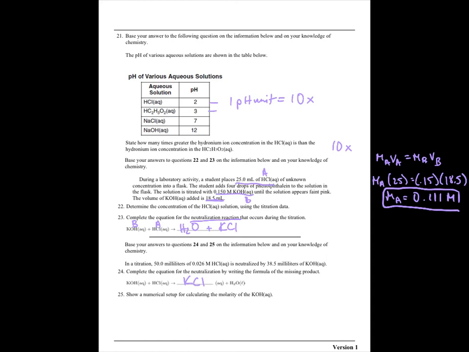Number 25, we need to show a numerical setup for calculating the molarity of KOH. So this is a titration equation type of question, but we don't need to solve it. We got here the acid data, and this is the base data. Got the equation, plug in the numbers.